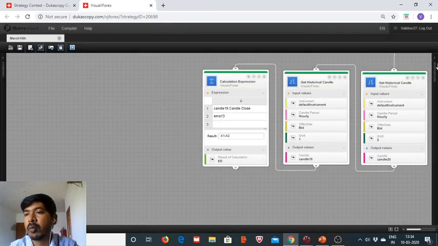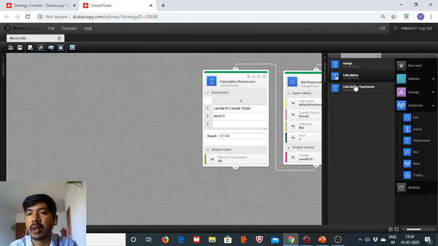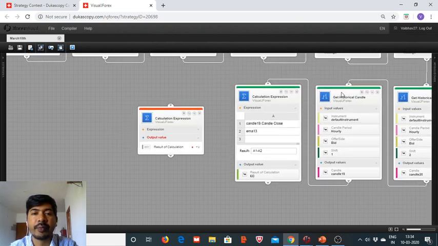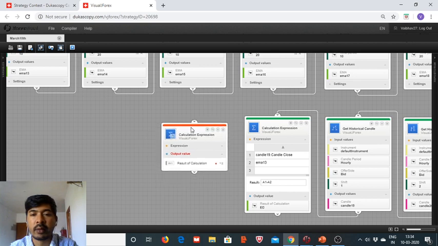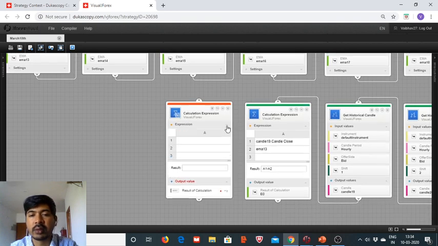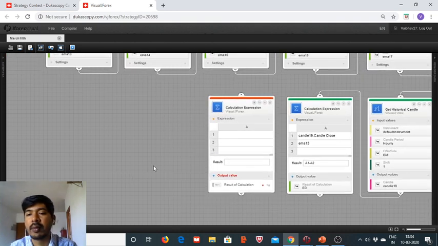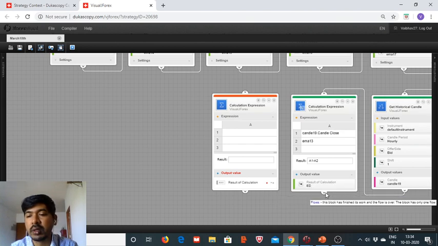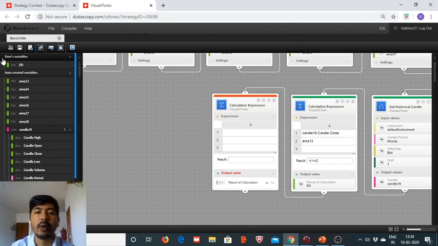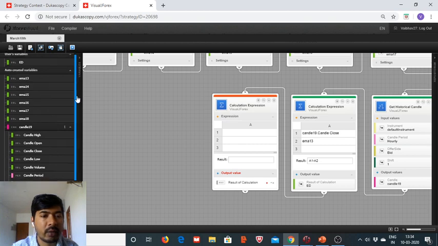We now bring in an additional if block, calculation expression block, to make sure that the candle close is within the desired range. For that we will need to do further calculation, and this time around we do it with the help of the default instrument pip size to be multiplied by 15.